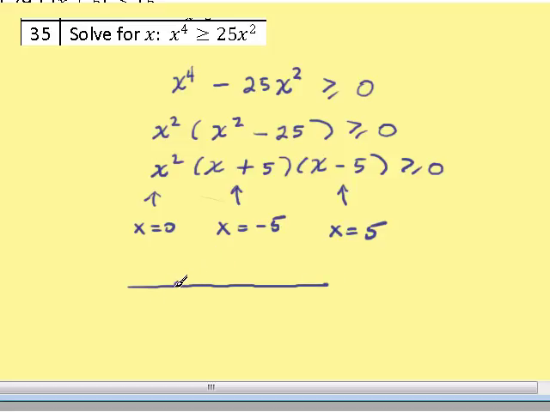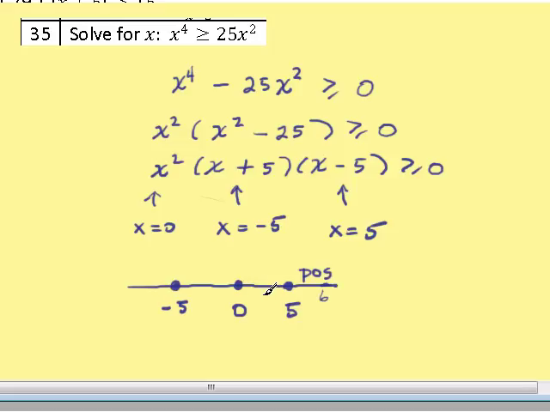All right, starting with minus 5, 0, and 5. And they all get closed circles. Nothing's coming from a denominator. All right, now let's do our plus minus analysis. If we substitute in 6, and we have everything positive.